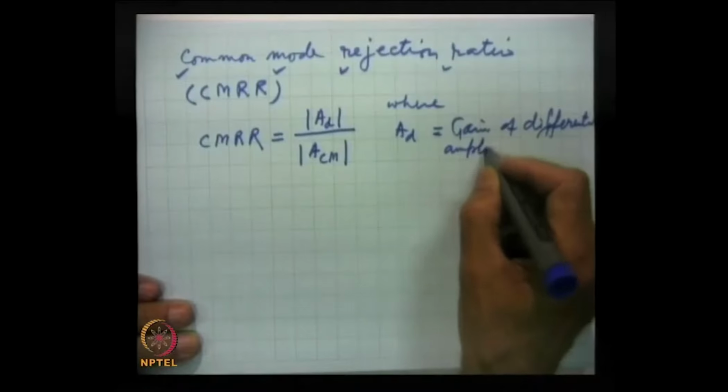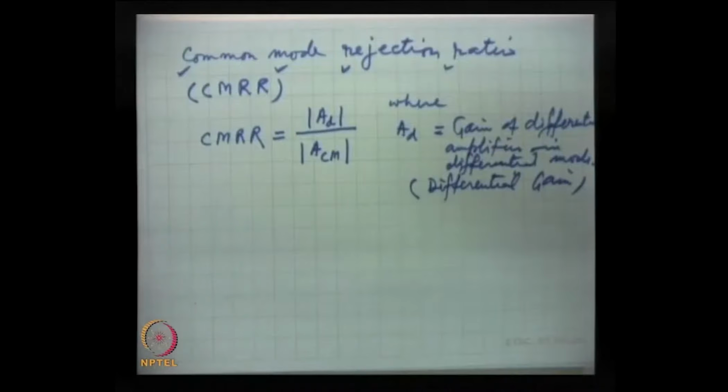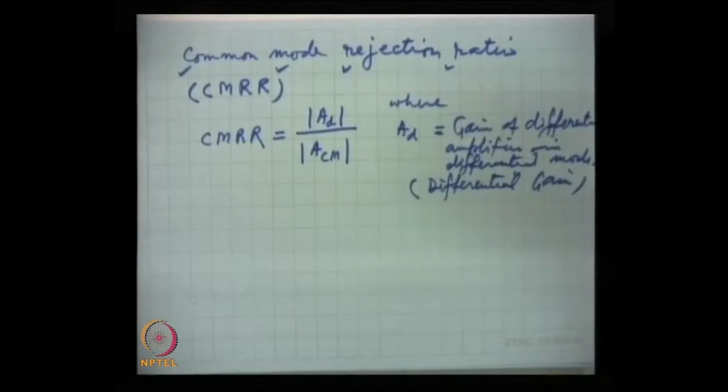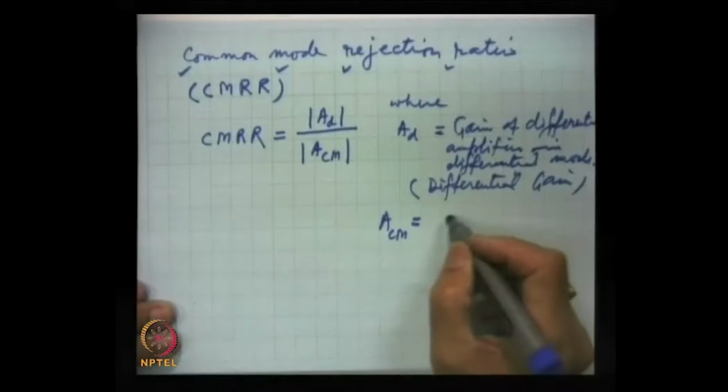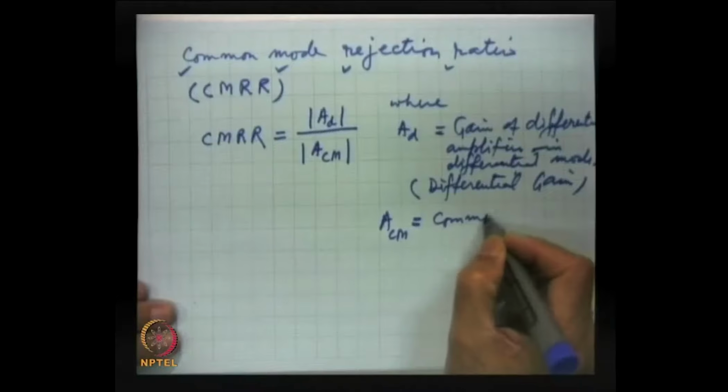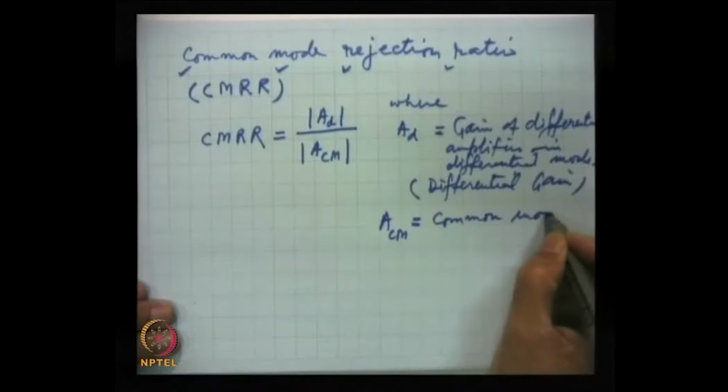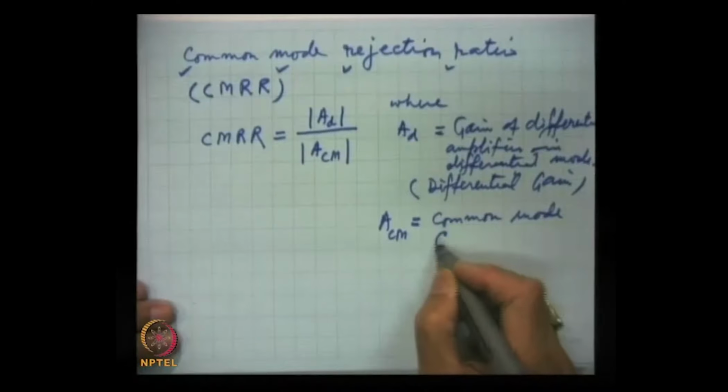This is commonly called differential voltage gain, or simply differential gain. And ACM is the common mode gain.